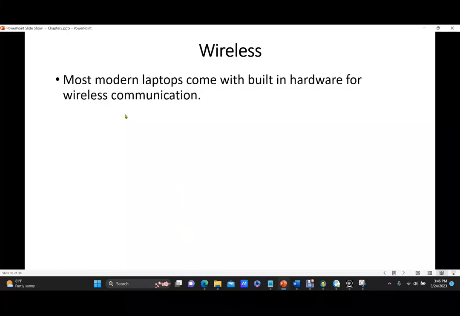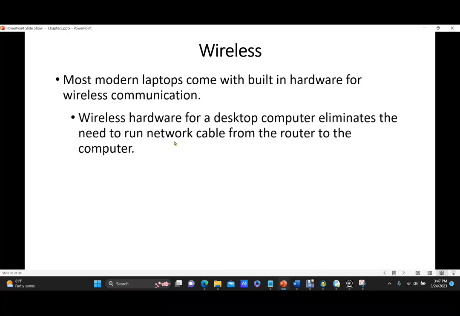Most modern laptops and lots of desktops come with hardware built in for wireless communication. Wireless hardware on a desktop computer eliminates the need to run network cable from the router to the computer.